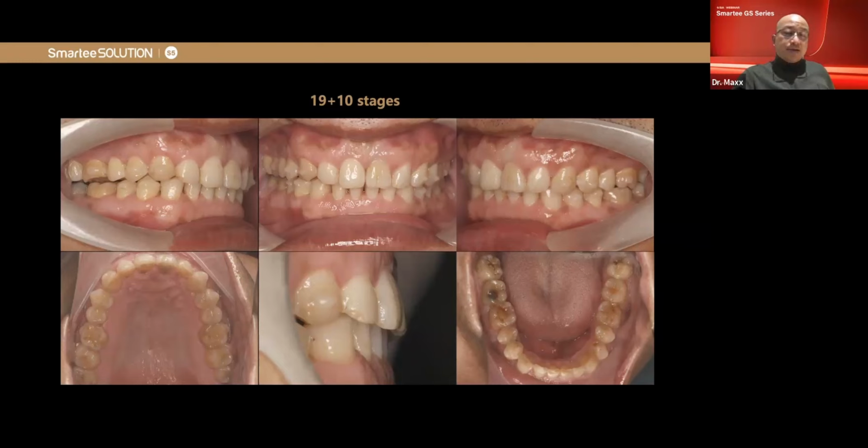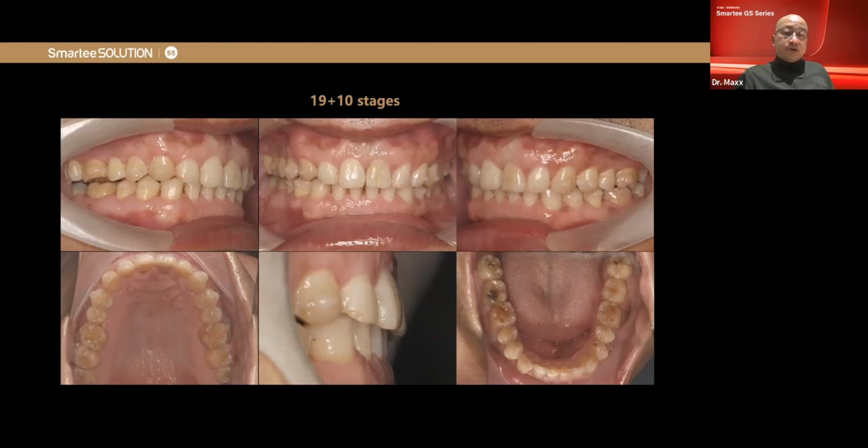And then we removed the resin between the teeth and made a refinement. And we did an additional 10 stages to close the additional space without resins. So we took 19 plus 10 stages to close the upper incisor space and intrude the incisors.